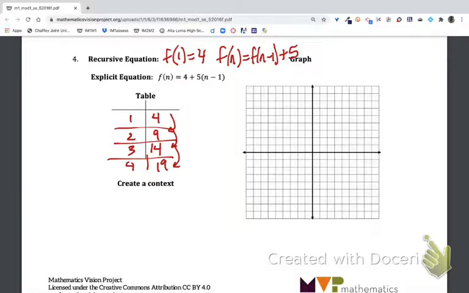So I'm going to have a graph that goes off the grid, but we'll have our 1, 2, 3, and 4. And we're going to go up by 4 again. So 4, 8, 12, 16, 20.